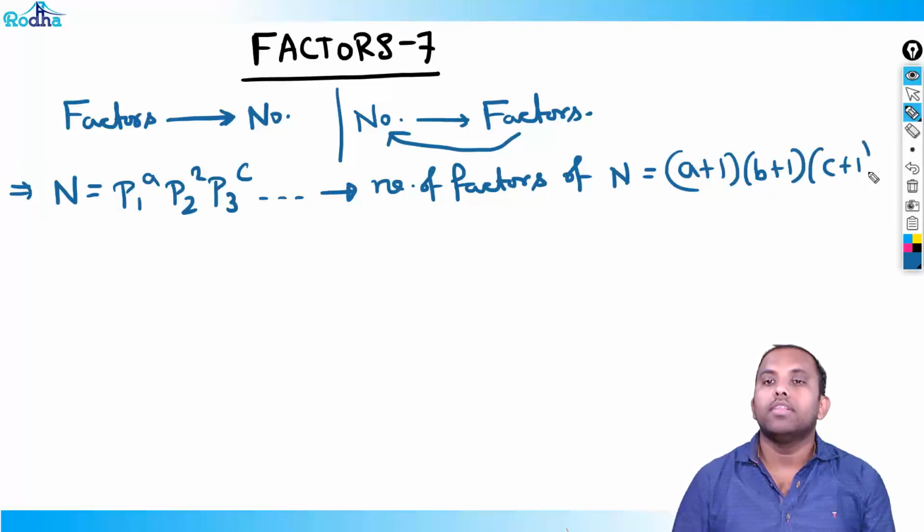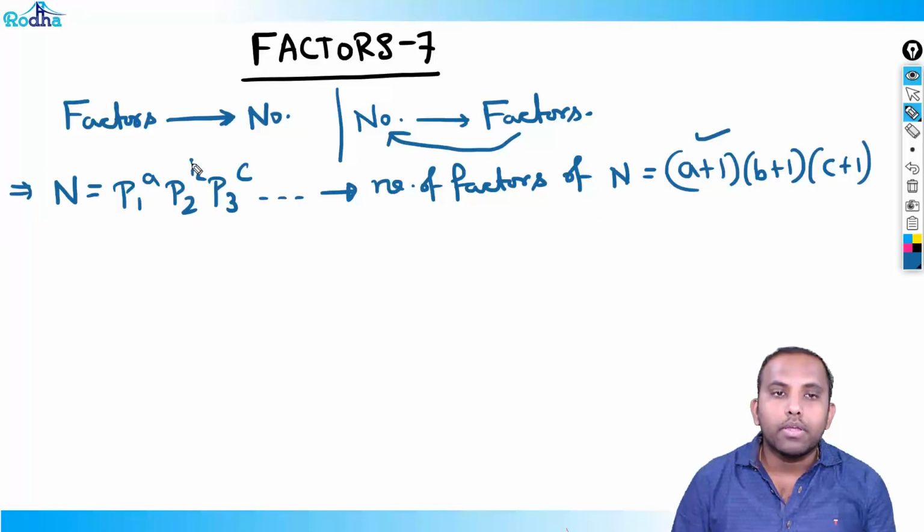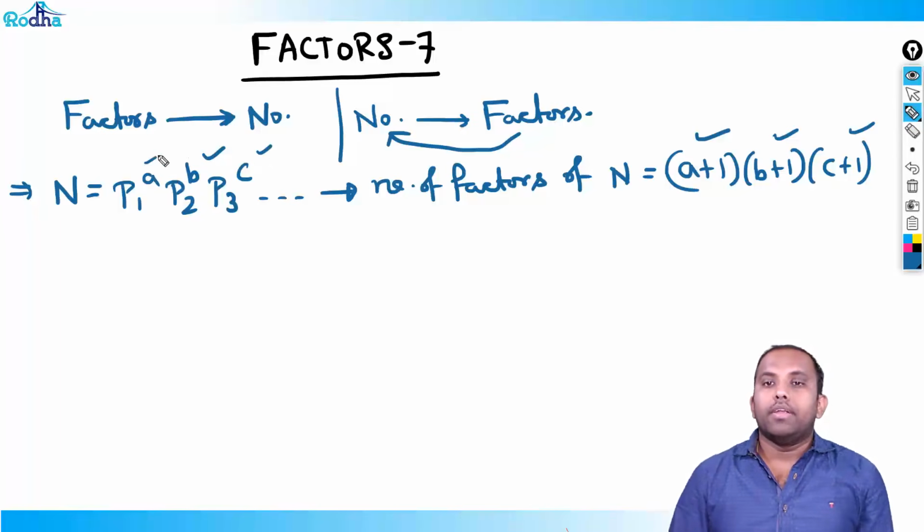This is power plus 1. P1 raised to A, so A plus 1 factors. P2 raised to B, so B plus 1 factors. And P3 raised to C, so C plus 1 factors here. It's for A, B and C, right?